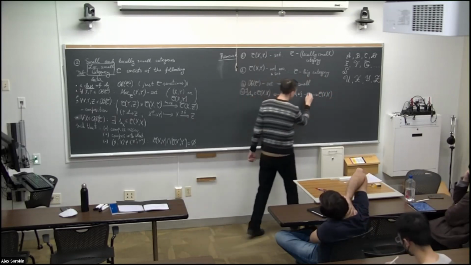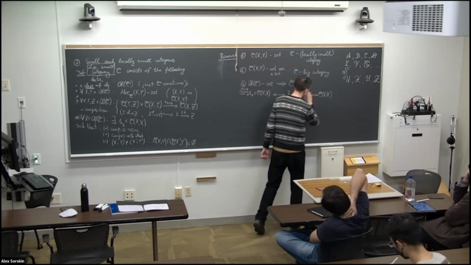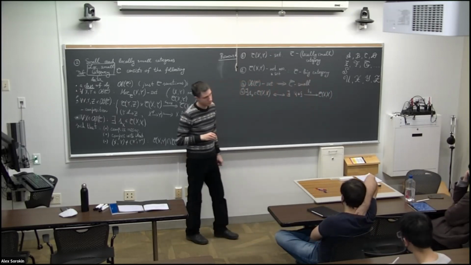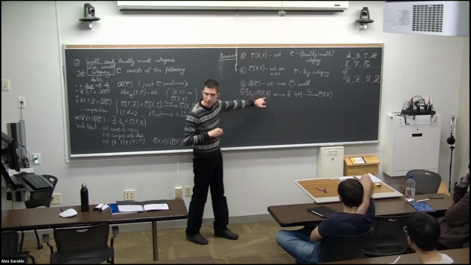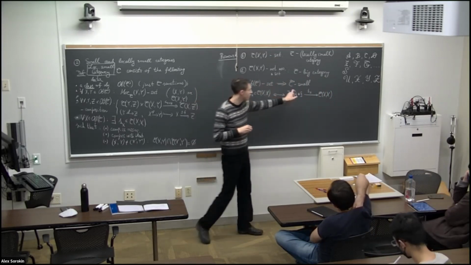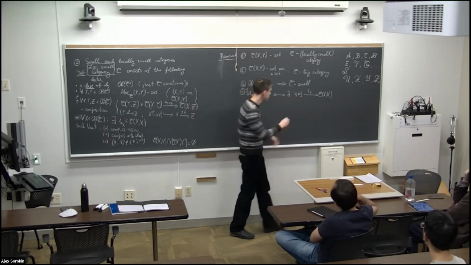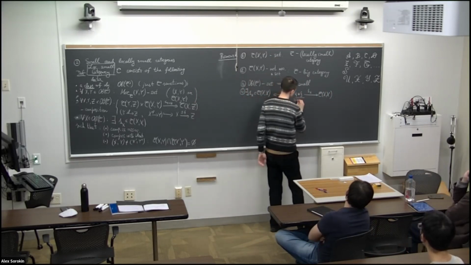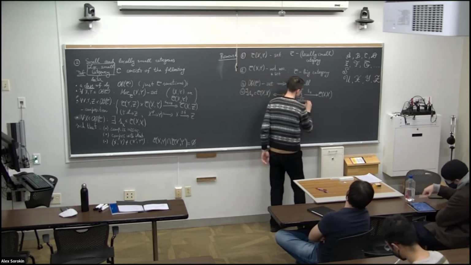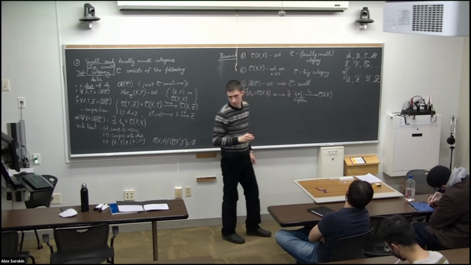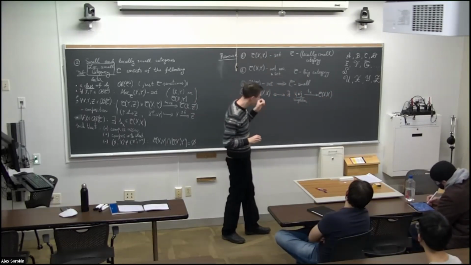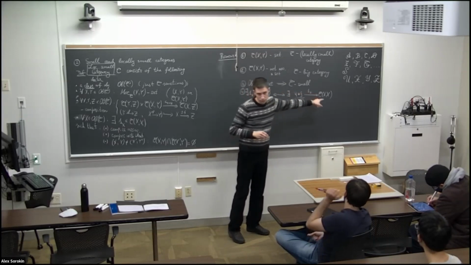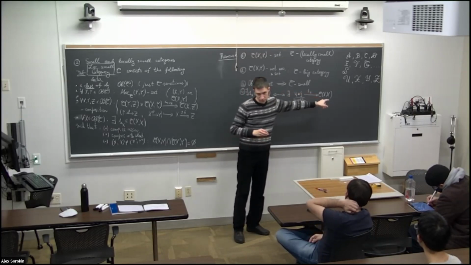And this arrow has a name, it is also called 1_X. So the choice of an element in the set is the same as a function from a singleton to your set. So we should always think of identity as a choice from C(X, X). Okay.